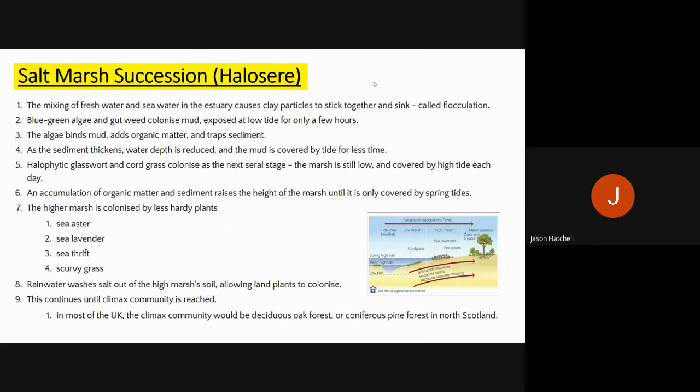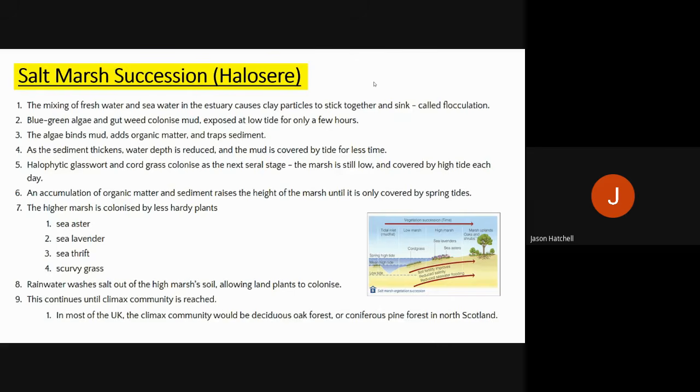But we've also got marsh succession as well, or what's known as the Halosere. The mixing of freshwater and seawater at the coastline or an estuary coastline causes the clay and the sand to stick together and sink. And what we get is, over time, a salt marsh formed through that mixing of clays and freshwater and seawater.